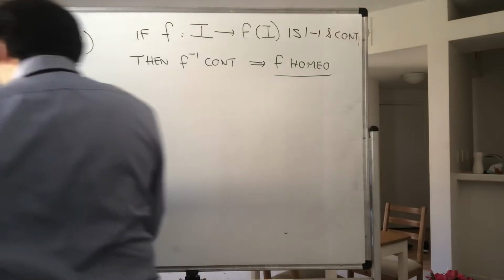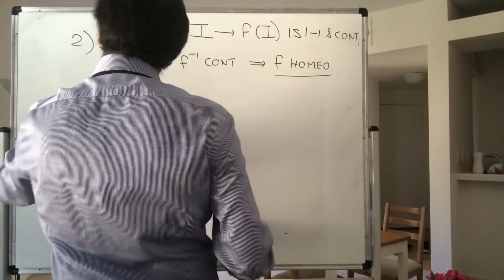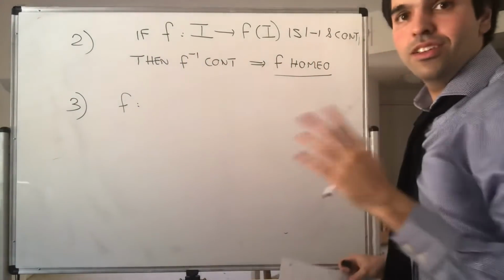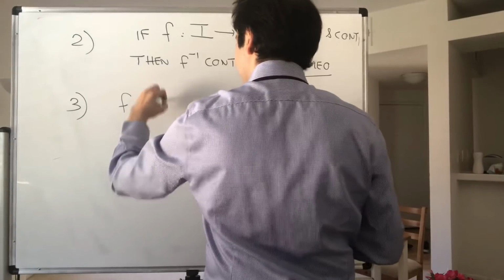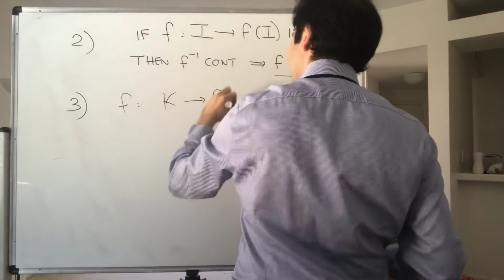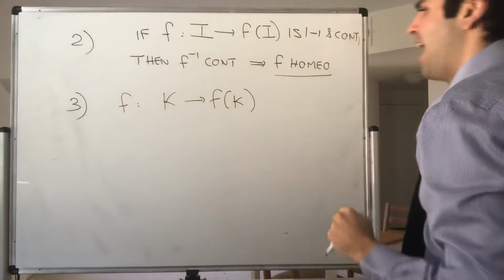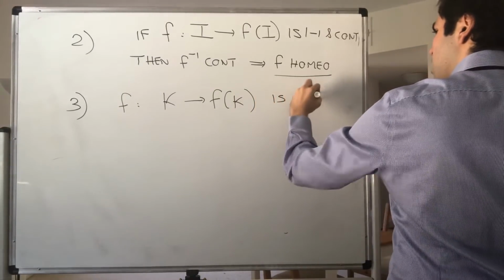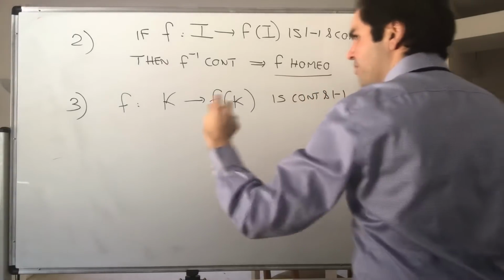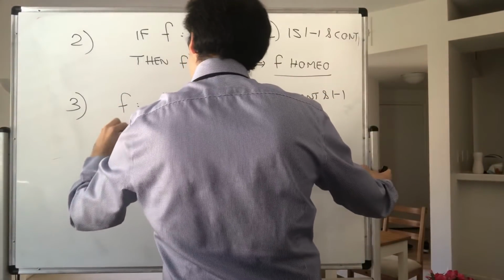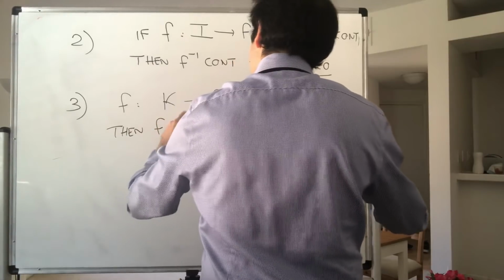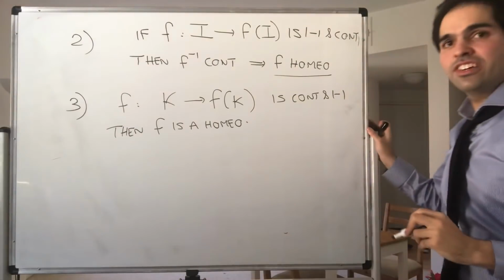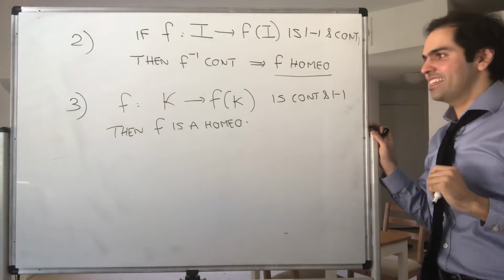In general, what's nice is that if f from a compact set K to f(K) is continuous and one-to-one, then f is a homeomorphism. In other words, f inverse is continuous, and again, that's what makes compactness so nice.